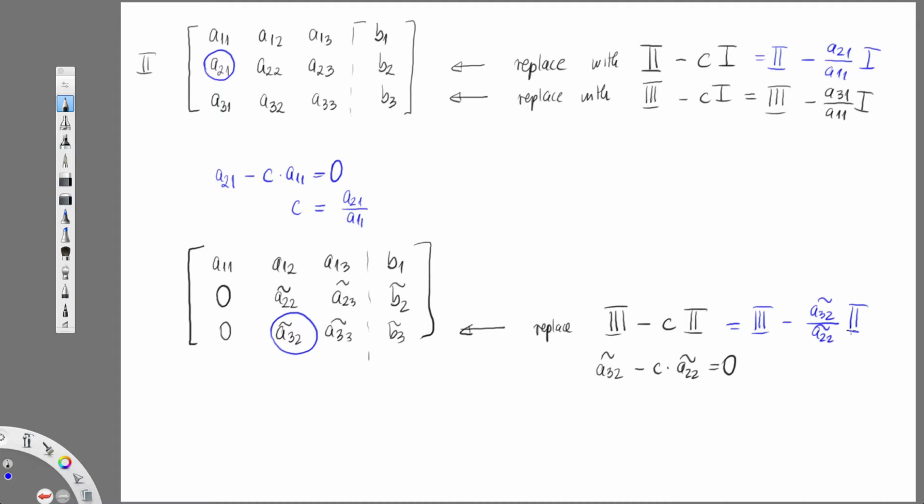So if in this procedure your third row was in itself a linear combination of the other two rows, you will actually get zeros here. Zeros are good in the sense that you don't have any contradiction. 0 is equal to 0. 0 times x1 plus 0 times x2 plus 0 times x3 is equal to 0.